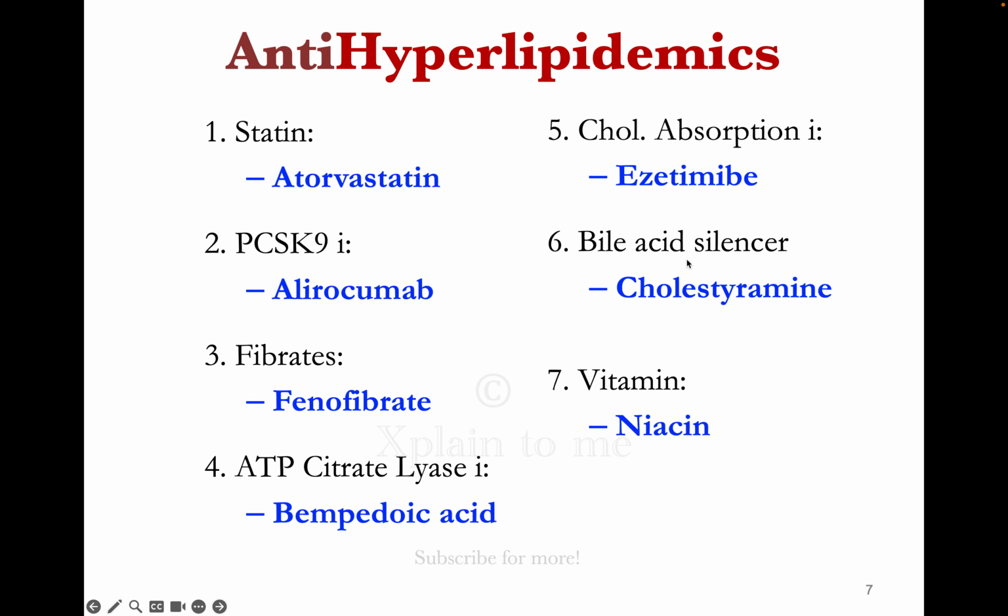Therefore, this drug cholestyramine will not pass through the placental barrier. That's why it is okay. Generally, pregnant people don't get hyperlipidemia, but in case somebody has it, this is the one class and only one drug FDA indicated. Okay.